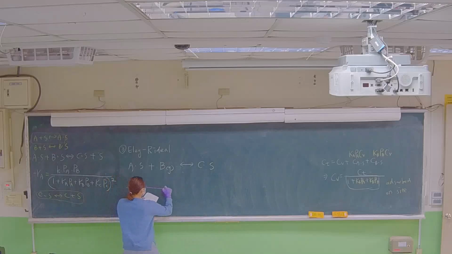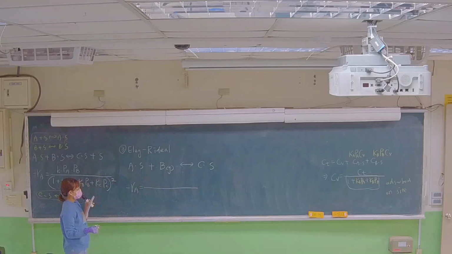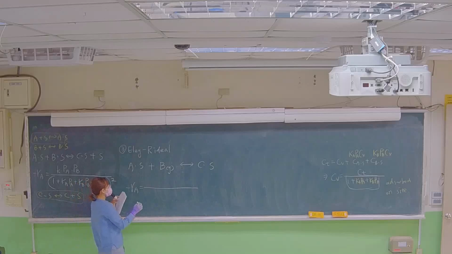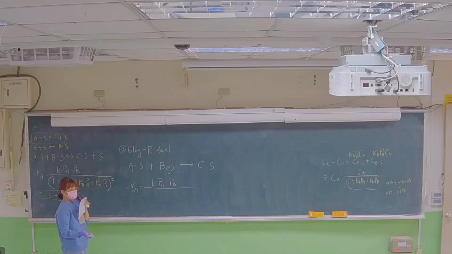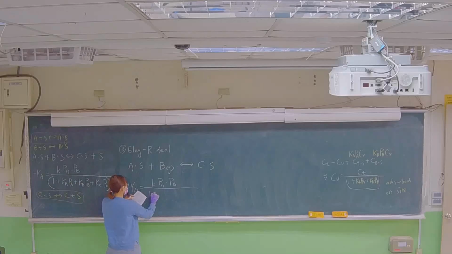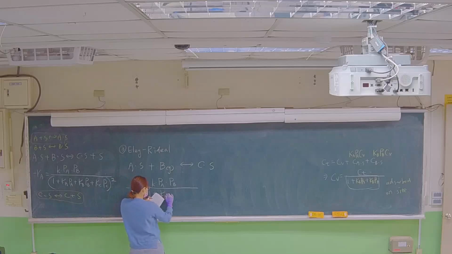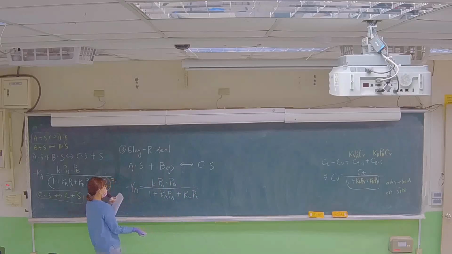Okay, good. The reactant should be here. So K, PA, PB, reactant. And here, the sub species, A and C, are adsorbed on the surface. So Ka, Pa, Kc, Pc. That's all.